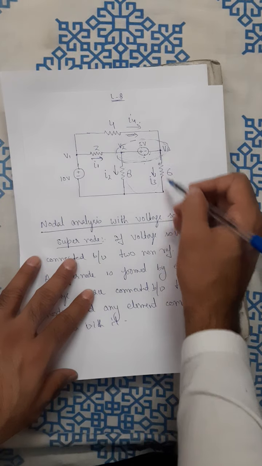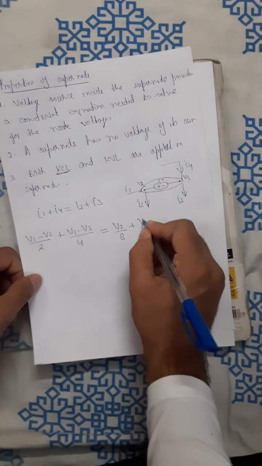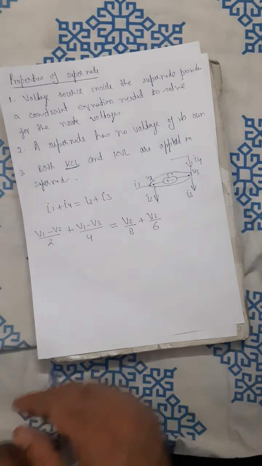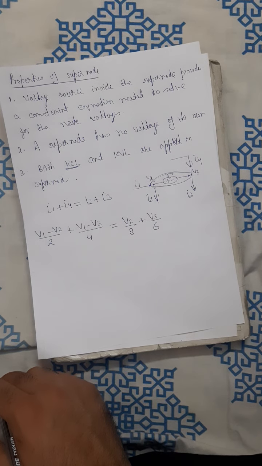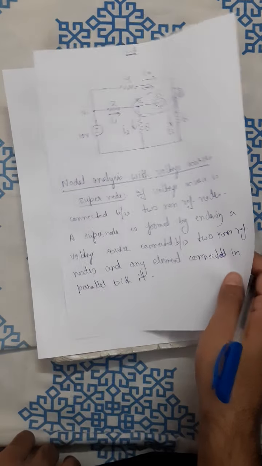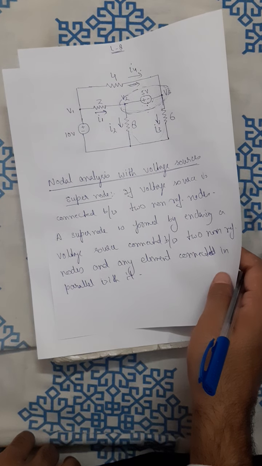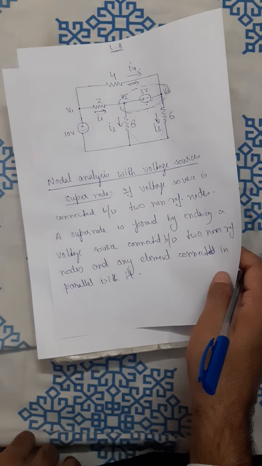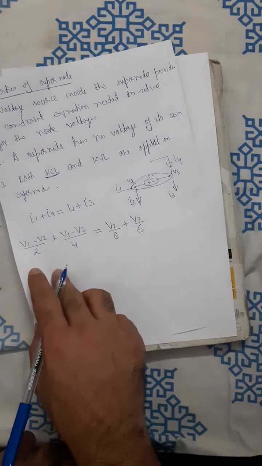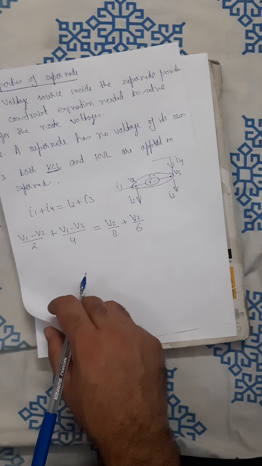And I3 is V3 by 6. Got it? So this is my first equation.